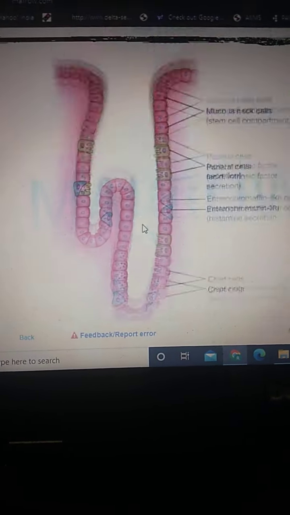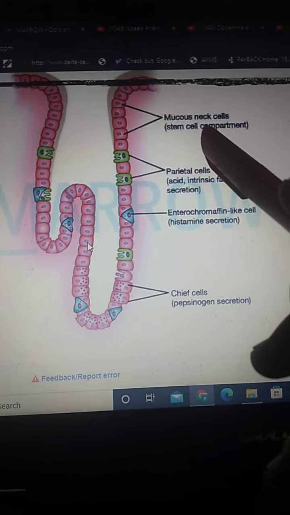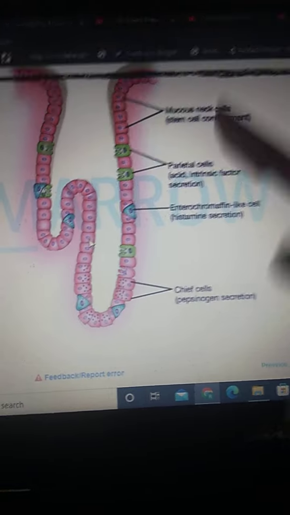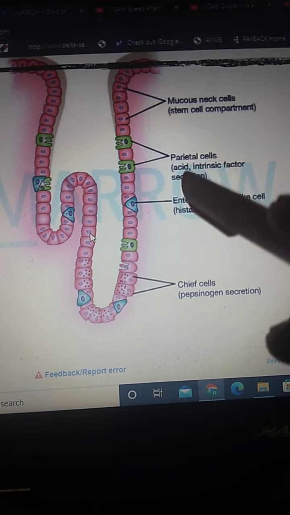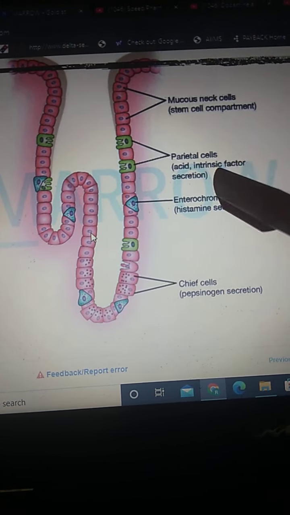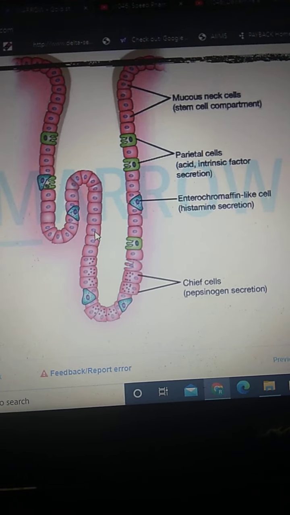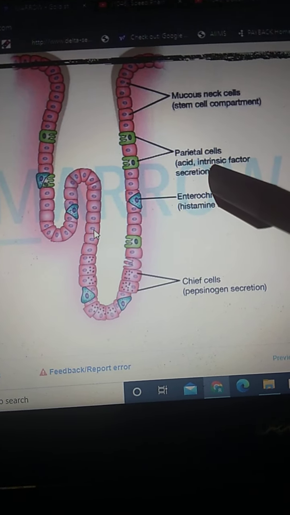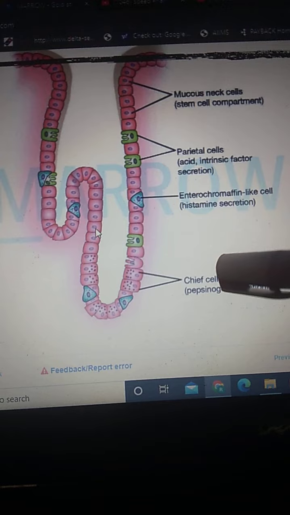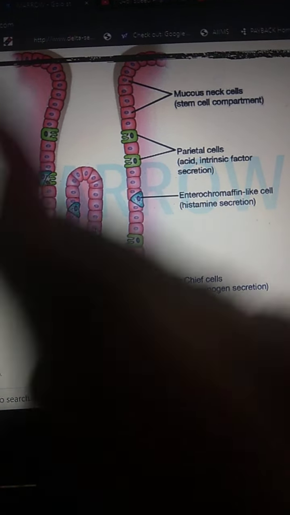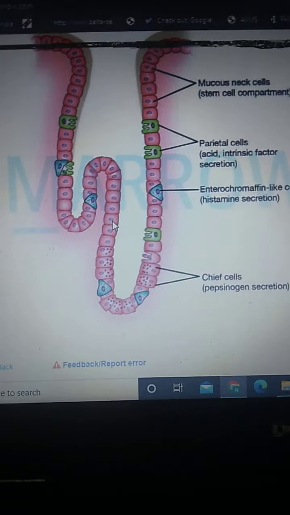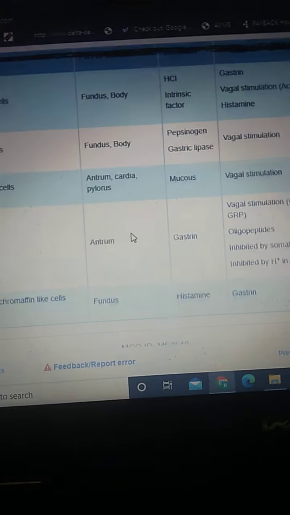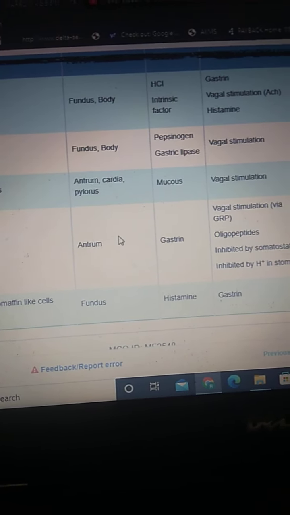To summarize, mucous cells secrete mucus, for which vagal stimulation is required. Parietal cells secrete acid and intrinsic factor, for which we need vagal stimulation, gastrin, and histamine. This gastrin comes from the G cells, which are present in the antrum.